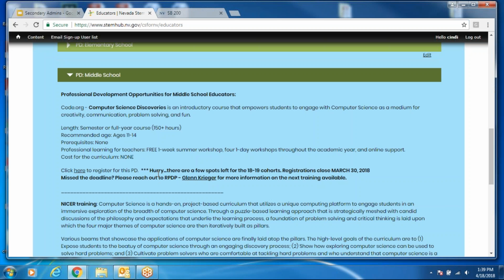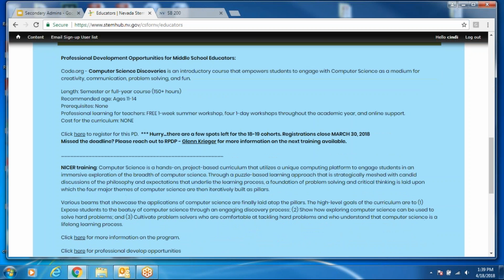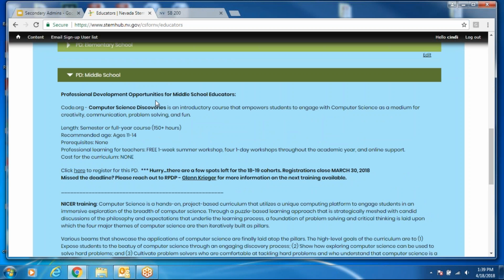It is a week-long training in the summer, and then 4 follow-up trainings, and this is also the same for the high school for CS principles. Follow-up trainings each quarter, and then they are completely trained for CS discoveries.